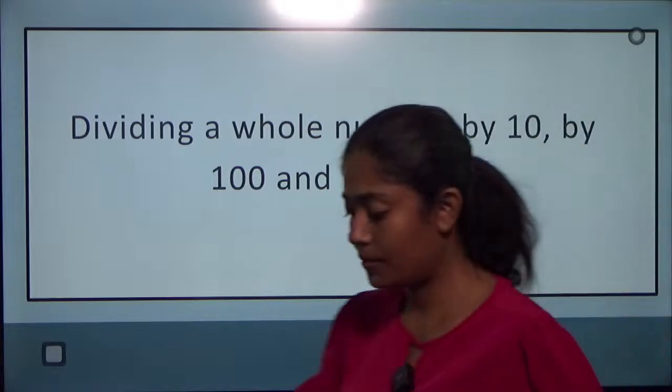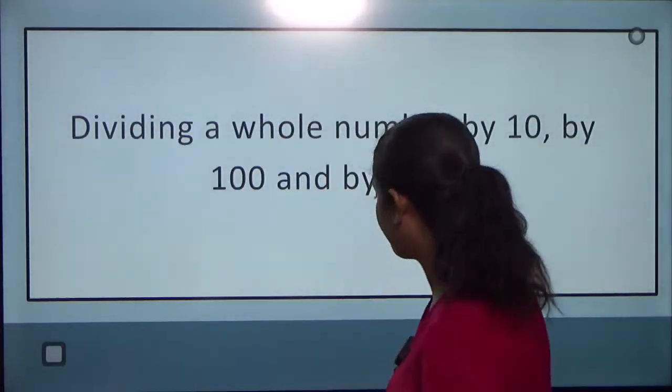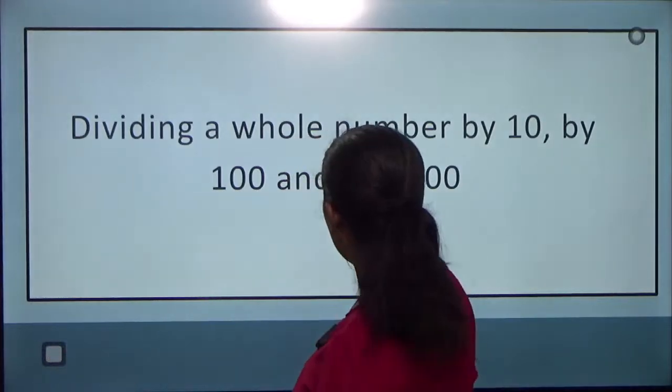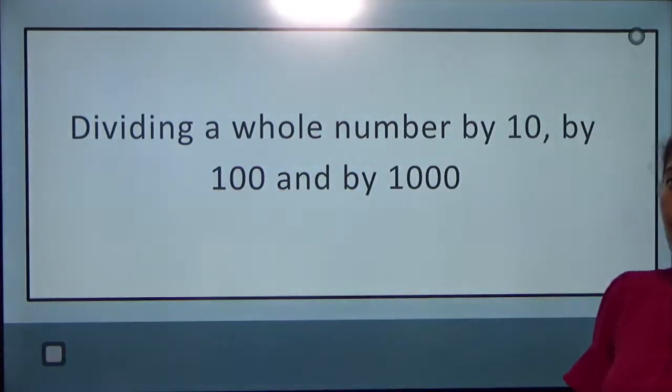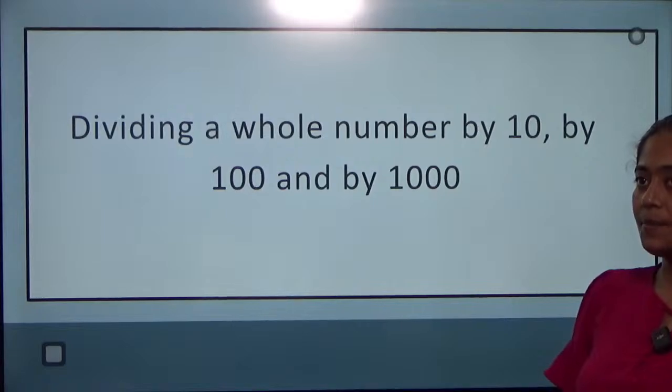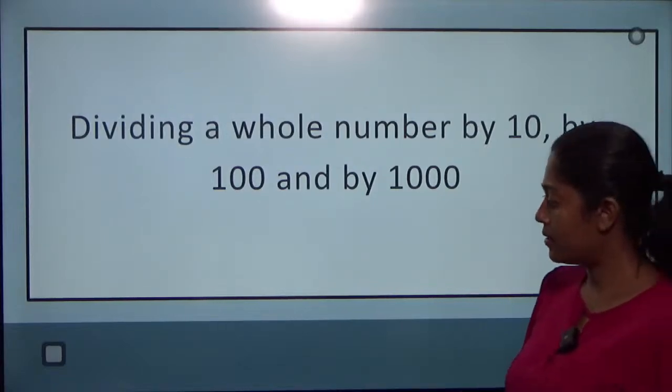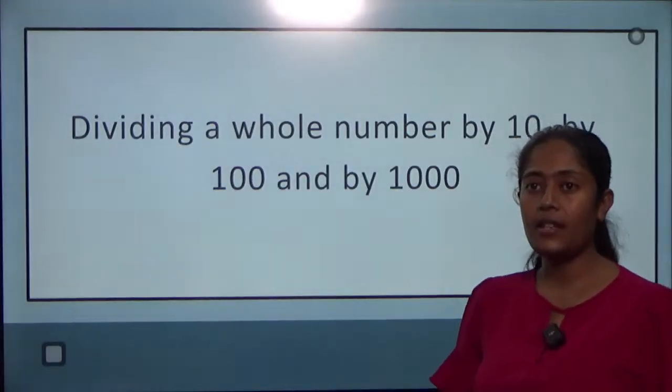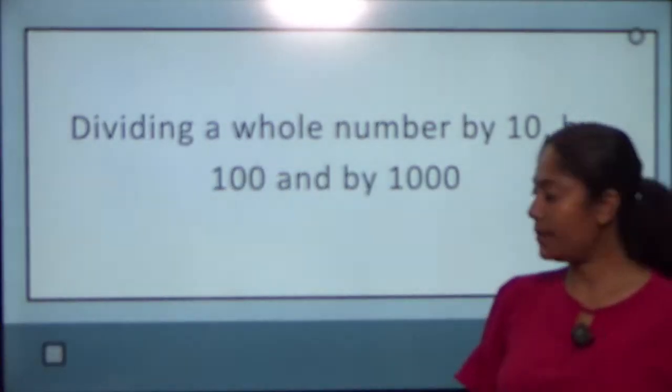Now look at the board. Here we are going to find out how to divide numbers by 10, 100 and 1000. This is the opposite of what we have done in multiplication.